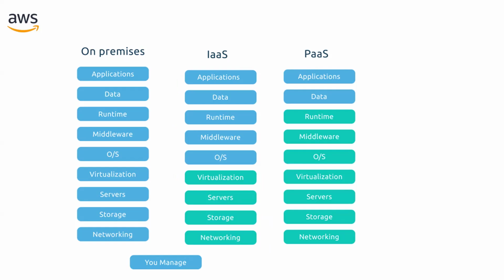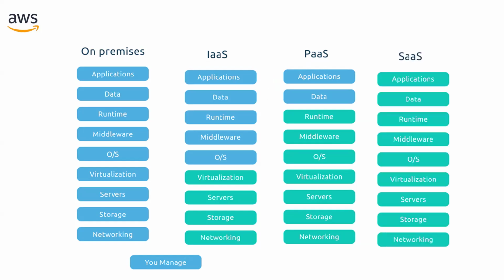Whenever we talk about platform as a service, from network to the runtime is taken care of by the cloud vendor, and application and data is taken care of by us. Getting it? Now the third one is SaaS. SaaS stands for software as a service.